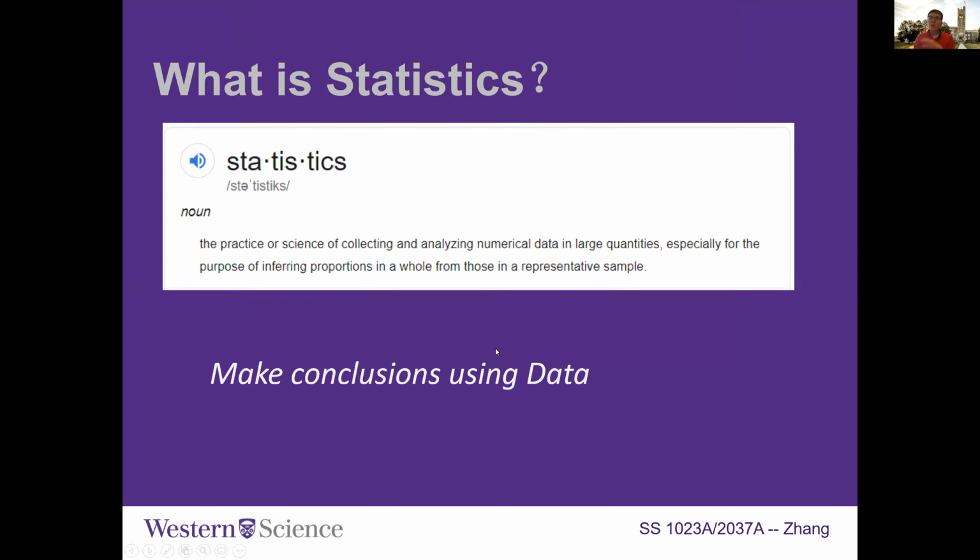So the two components of describing statistics are, first, we are making conclusions, and secondly, we use data information. Later on, I'm going to get back to explaining what data is. First, I'm trying to help you understand how statistical thinking helps us make these conclusions.